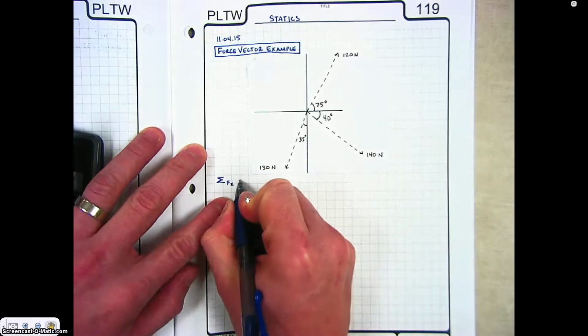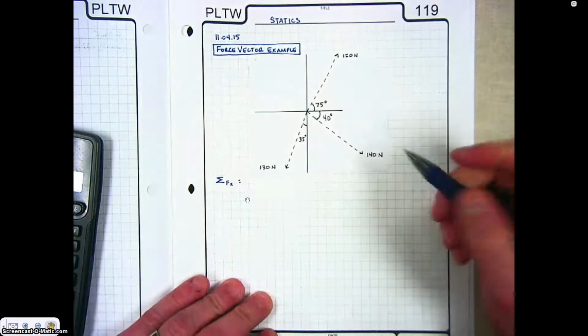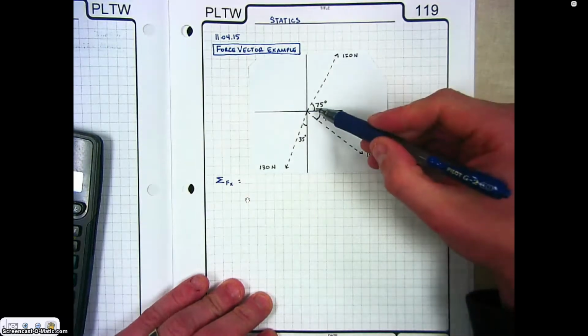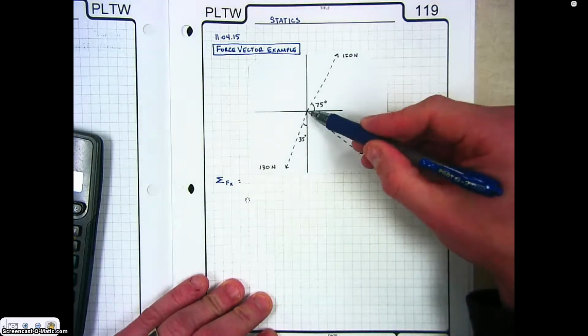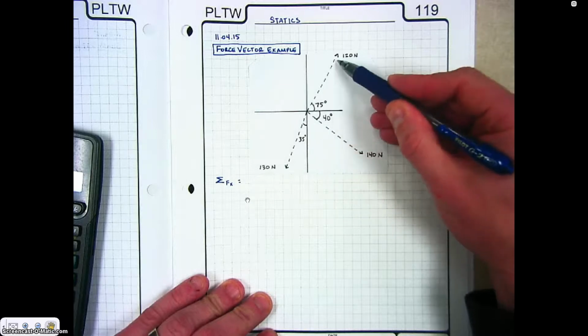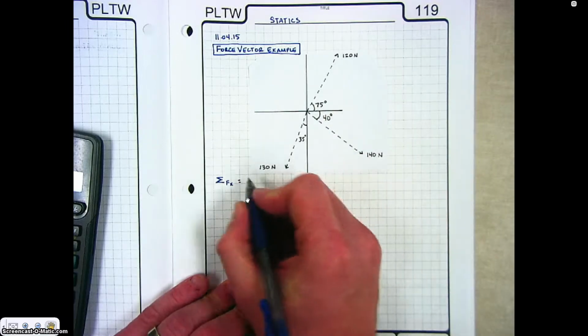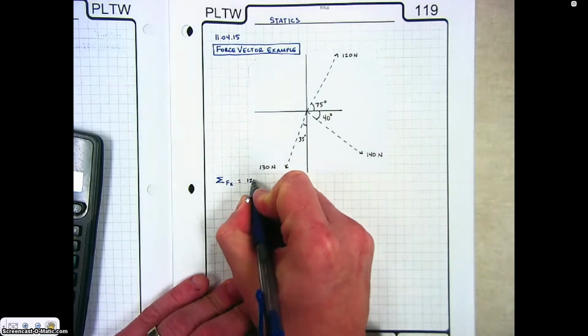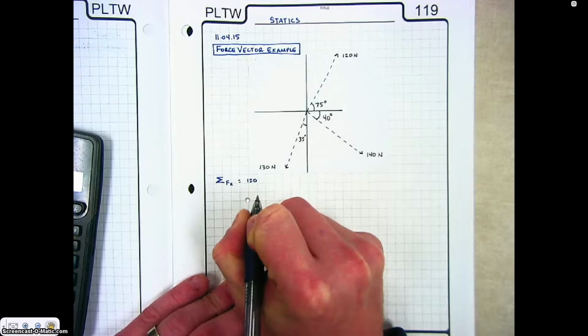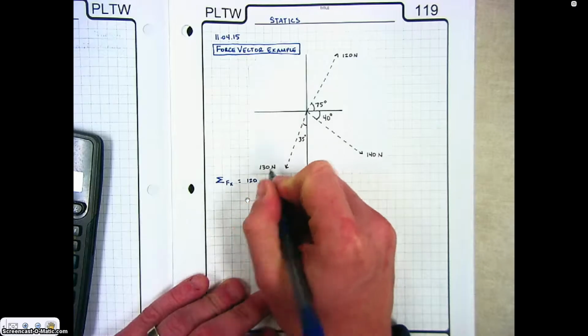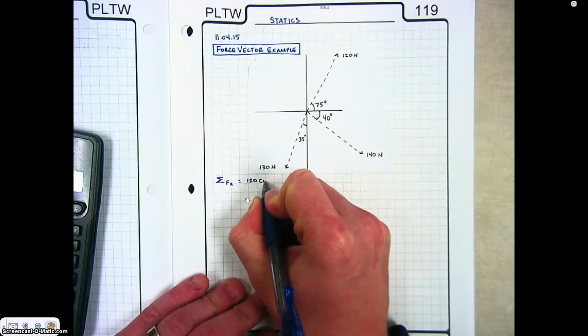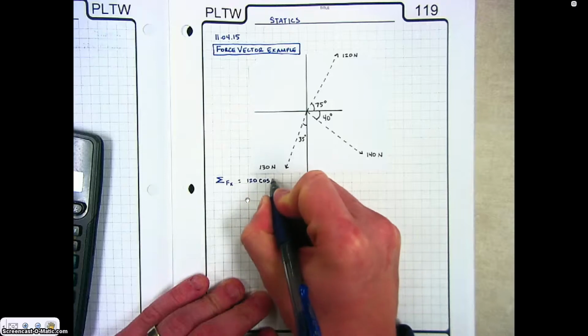They are going to be equal to our first vector here, 120, that's the magnitude of it, times the cosine of 75 degrees.